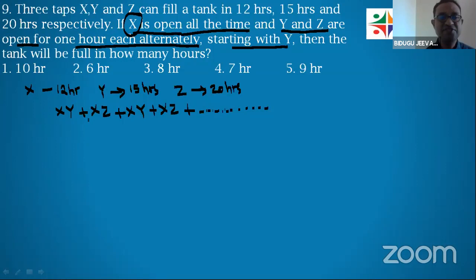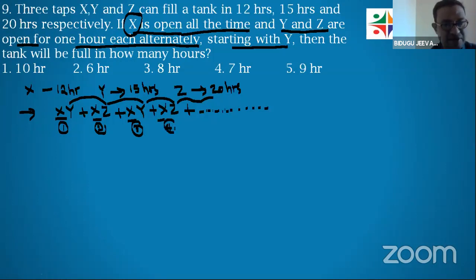Because X is always open, Y alternately, one day Y, another day Z, Y, Z, Y, Z, and so on. Let me calculate for the first day, second day, third day, fourth day, and so on.